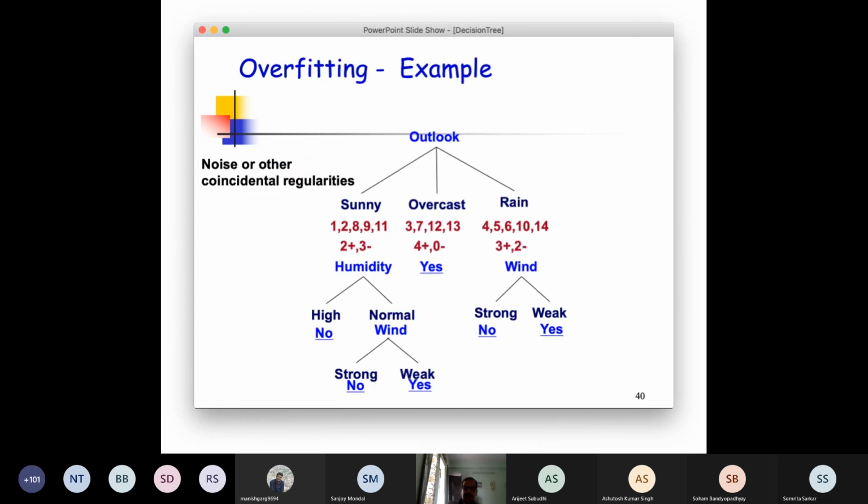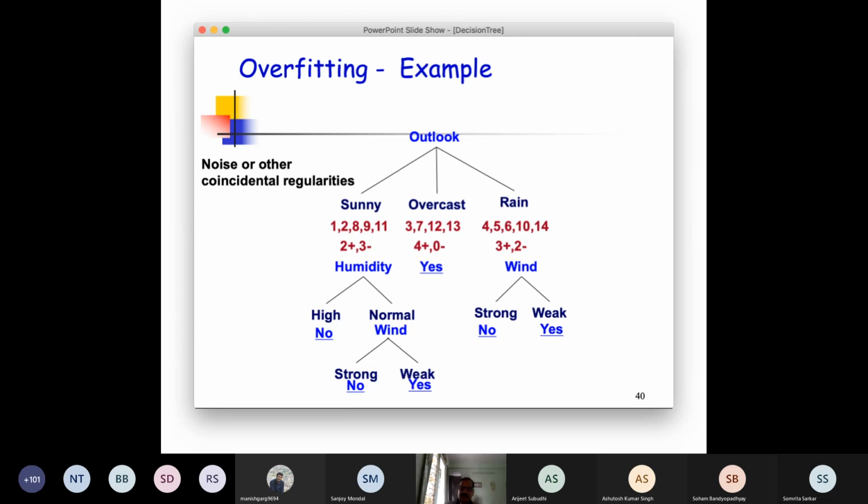So this example just shows that for any training example set, if there is no contradiction in the data, in the sense that the same combination should not have two different results, then the tree can be grown to fit it.